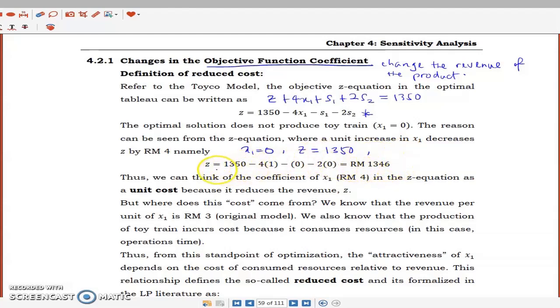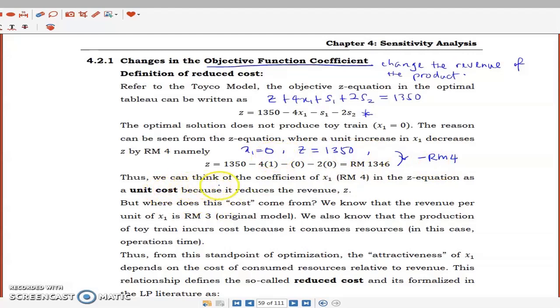You can see from this equation. Okay, we substitute x1 equals 1 in the optimal row 0. We get z becomes 1,346. This means the company loses 4 ringgit if the company produces 1 unit of toy train.